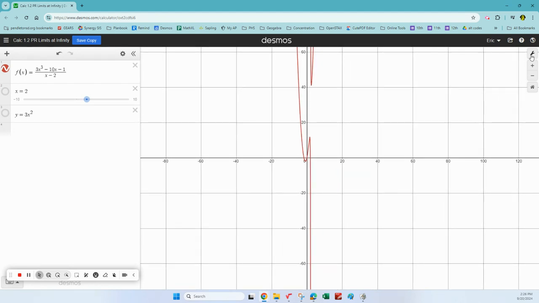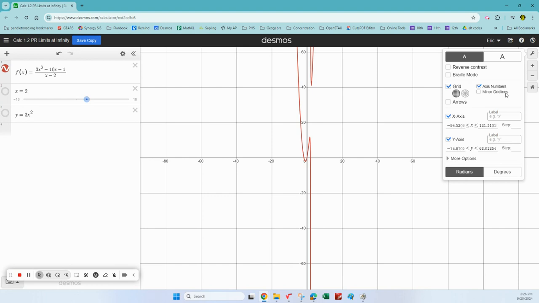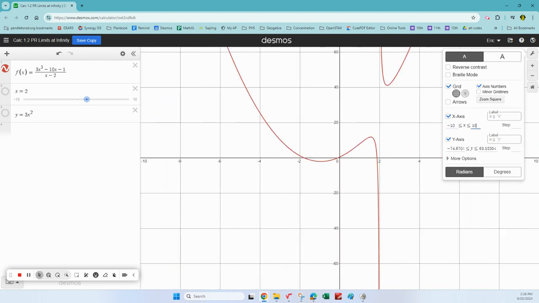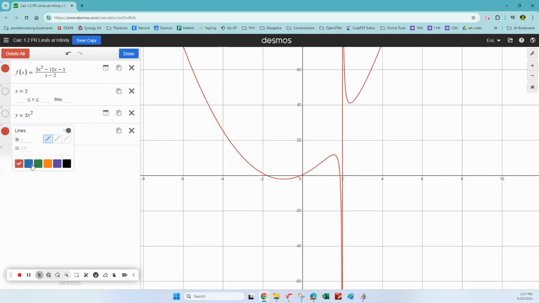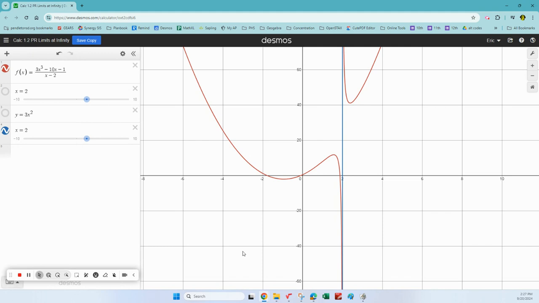Let me spread that out just a little bit. Let's go. Okay, does that make sense? We were right, weren't we? We said the vertical asymptote was at 2. Well, there it is. The blue line's the vertical asymptote.